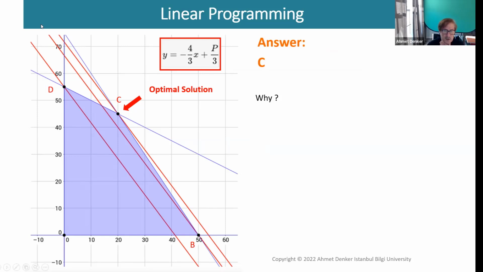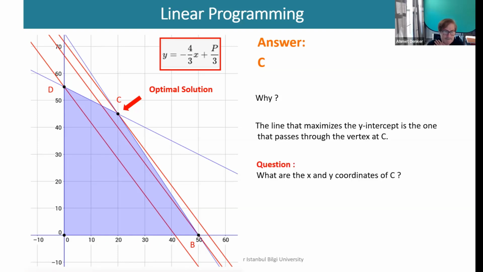Okay. Can we also verify this by calculation? So this is the written form of the explanation I had given to you orally. The line that maximizes the y-intercept is the one that passes through C, and therefore, what does this correspond to?